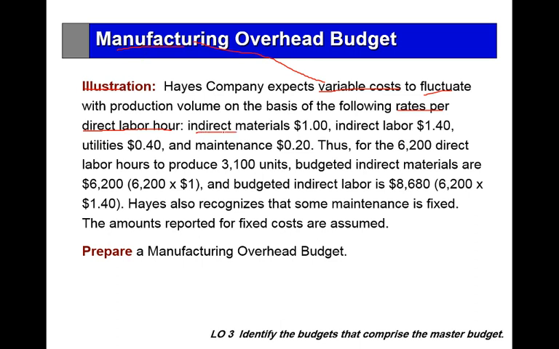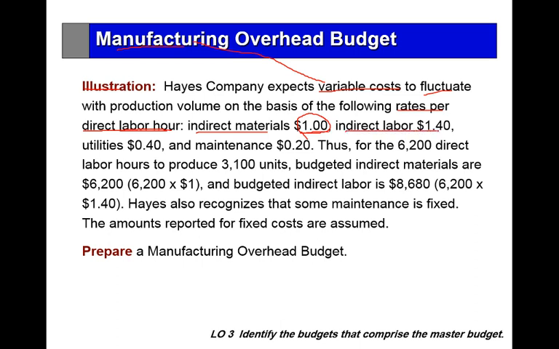Here we have indirect materials, which relate to indirect cost. For indirect materials, we apply $1 for each direct labor hour. Every direct labor hour we use in producing the finished goods, we allocate $1 of manufacturing overhead to it.